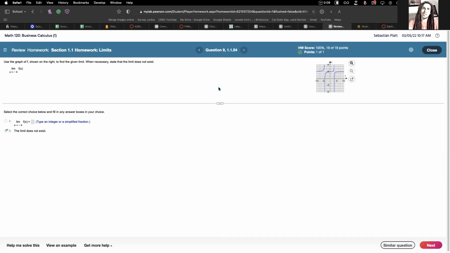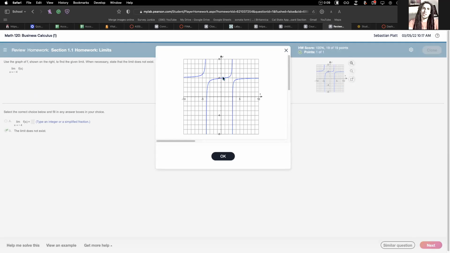Next, we have the limit as x approaches negative 4. With this problem, you will see that at negative 4, the line continues to get closer and closer to negative 4. But as you see, it doesn't quite touch negative 4.